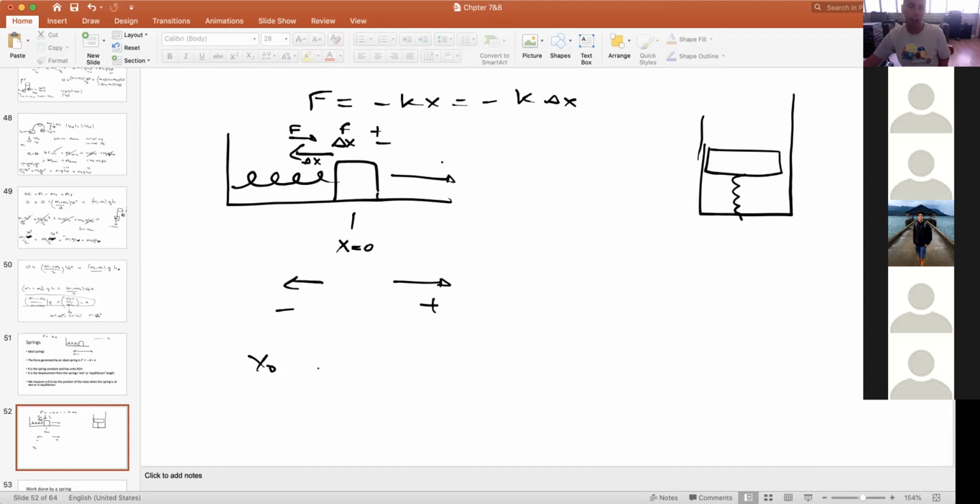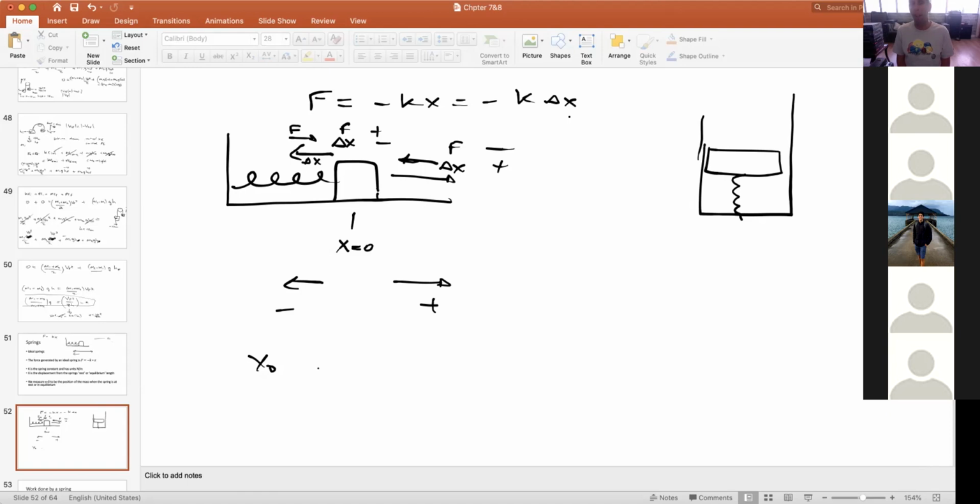If I pull it or it travels positive, the force has to be in the opposite direction. Force has to be negative, and yes, F equals minus k delta x gives me a negative, okay? So the spring is always pulling or pushing against the direction of motion, just like friction. It always opposes whatever direction the block is traveling.